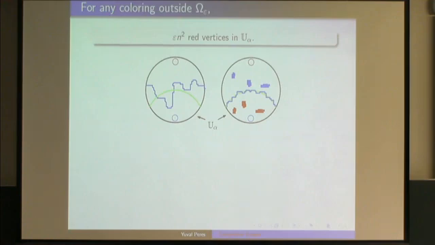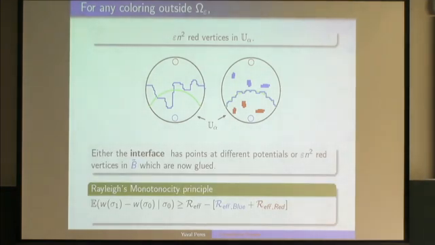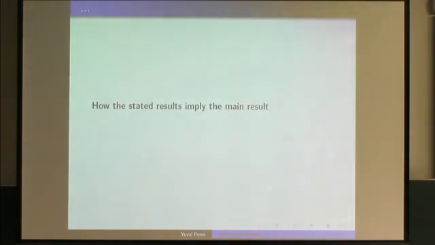And so gluing them together reduces effective resistance by a substantial amount. And so, as I said, the Rayleigh monotonicity principle, together with a quantitative version of it, gives you a positive gain in this difference, and so gives the Lyapunov condition.